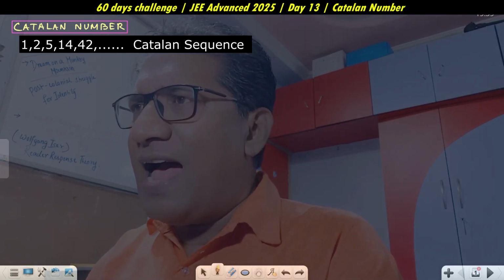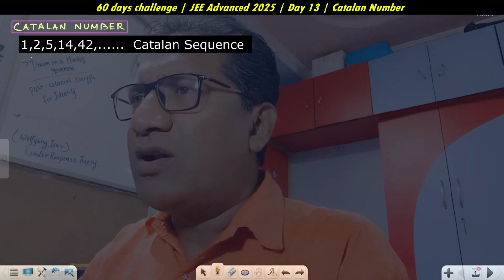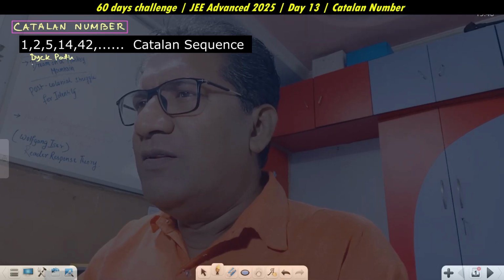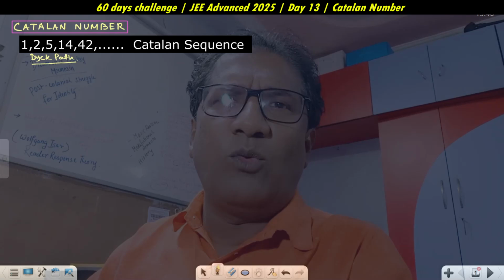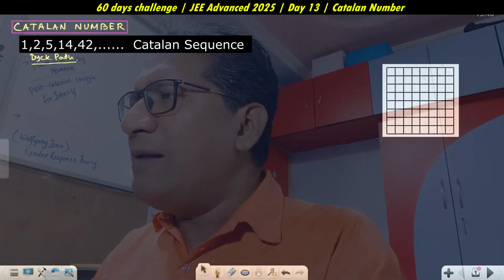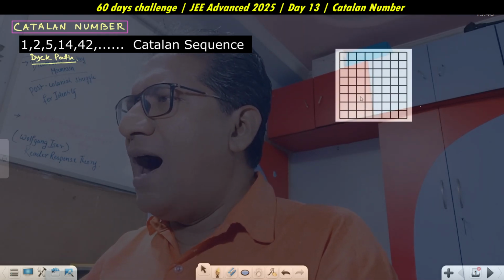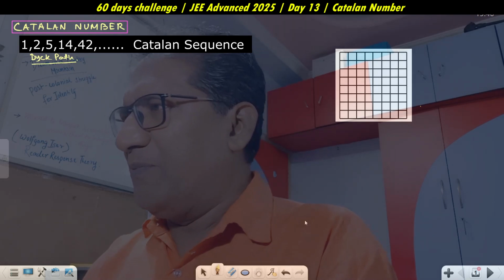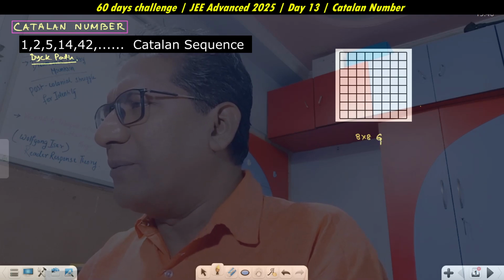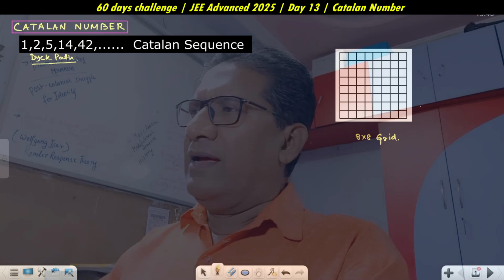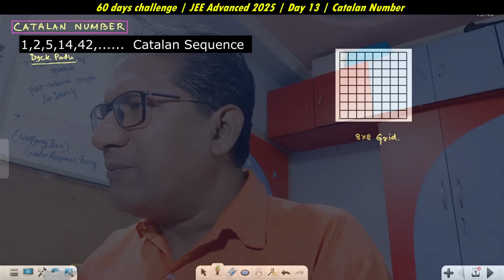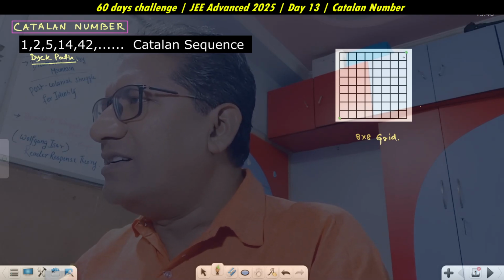So let's take a famous example which is called your Dyck path. We will understand Catalan sequence through this Dyck path problem. Okay, let me take an 8 by 8 square. This is an 8 cross 8 grid. Now let us say this is the starting point and this is the destination.